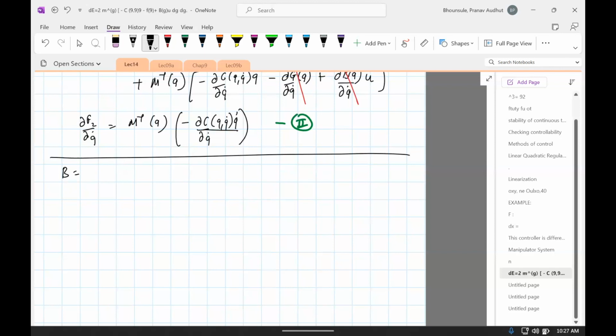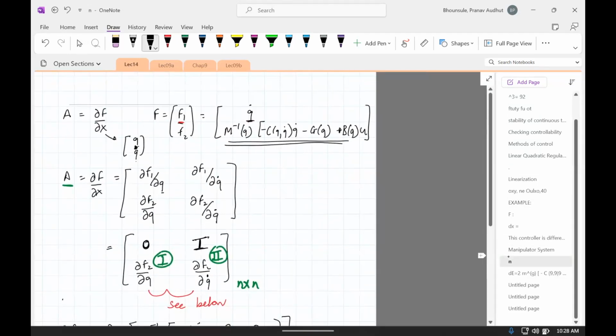So B is df du. So df1 du, df2 du. So df du of f1, if you go back, f1 is just q dot, and f2 is this complicated thing.